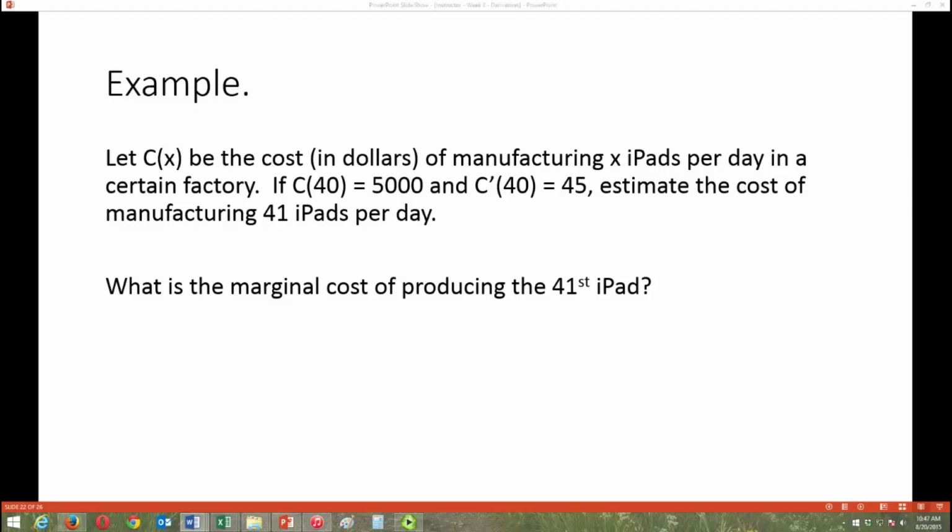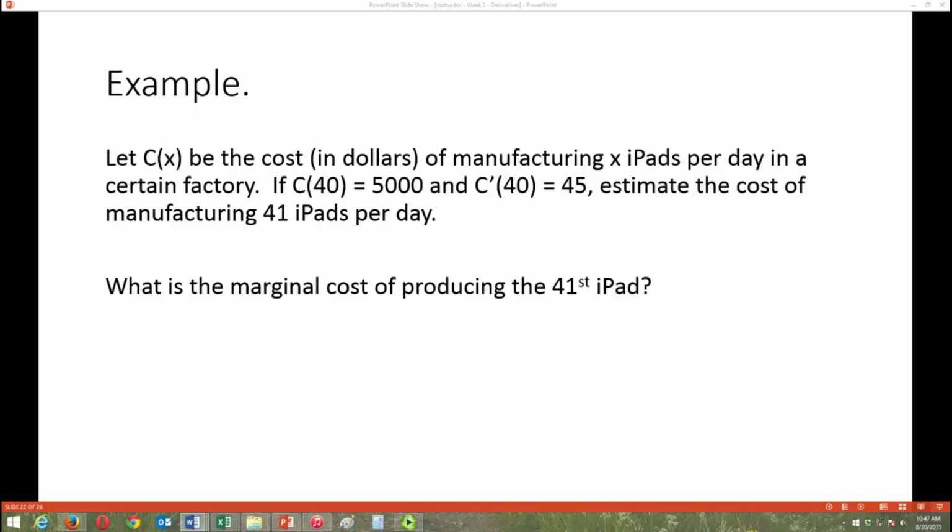Let's look at an example of this. Let C of x be the cost in dollars of manufacturing x iPads per day in a certain factory. If C of 40 equals 5,000 and C prime of 40 equals 45, estimate the cost of manufacturing 41 iPads per day. What is the marginal cost of producing the 41st iPad?